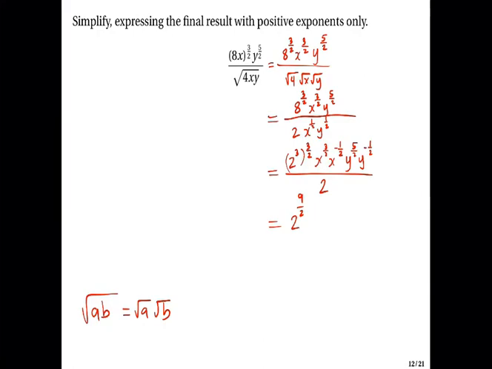So 3 halves minus 1 half, it becomes x raised to 2 over 2. Okay? But 2 over 2 is just 1. But let me write 2 over 2. And then in here, you have y raised to 5 halves. And then y raised to negative 1 half. So 5 halves minus 1 half, that's 4 over 2. And then you have your over 2 in the denominator.